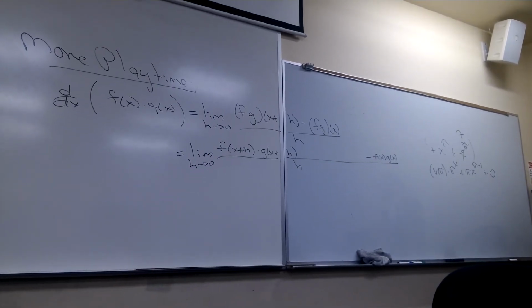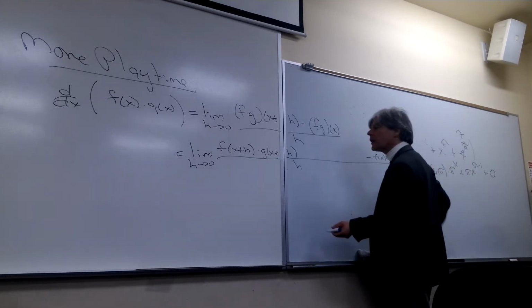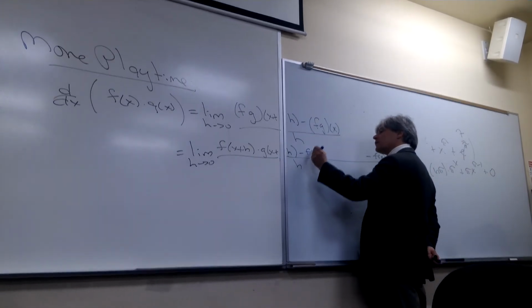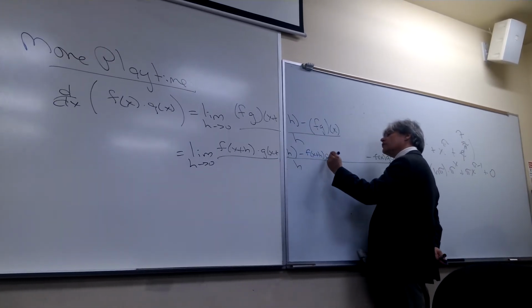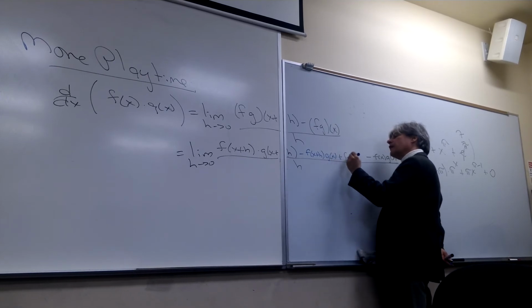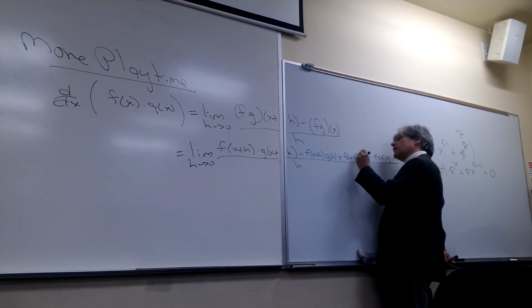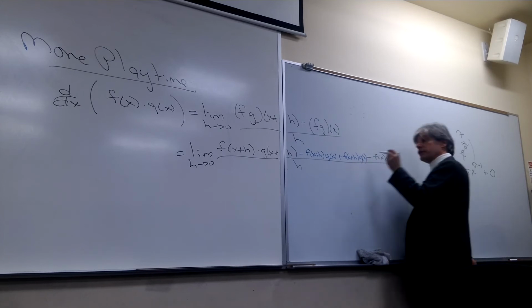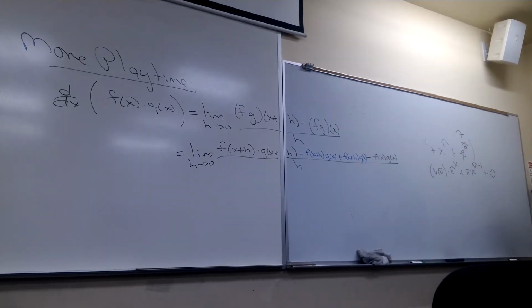You guys, I know when it's convenient, I tend to multiply by forms of 1 to make things legal. But instead of multiplying by 1, how about if I just add something? Add a funky looking form of 0. Here's a funky form of 0 I'm going to choose. How about minus f of x plus h times g of x plus f of x plus h times g of x? Perfectly legal. It's just a funky looking form of 0.